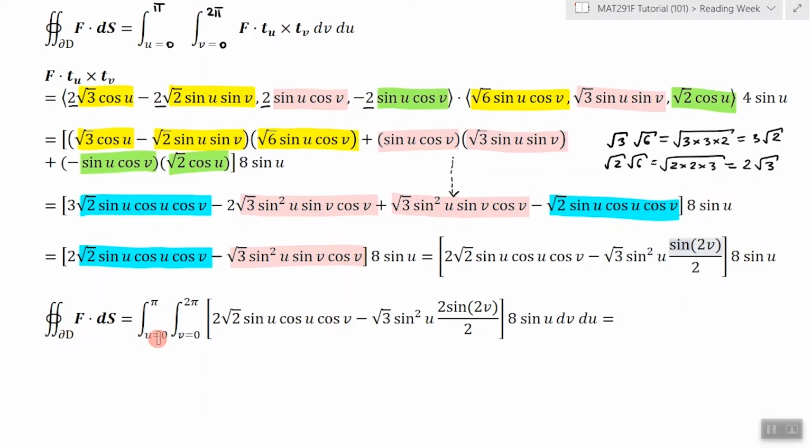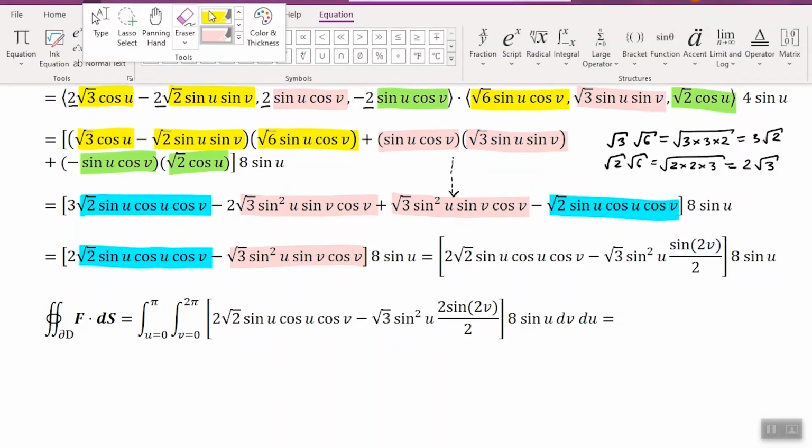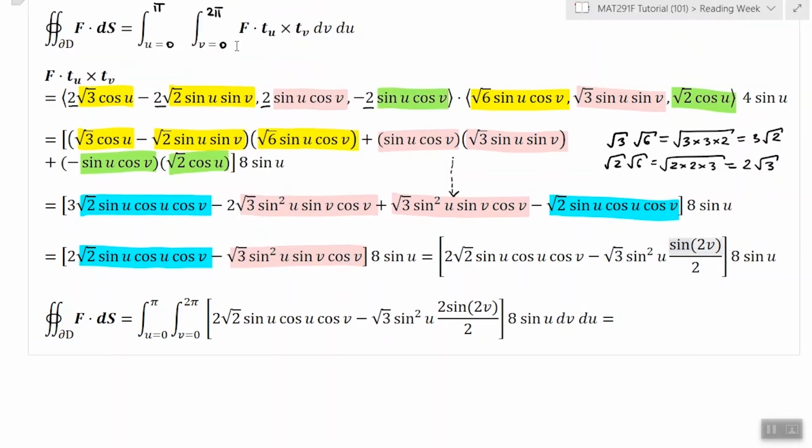Yeah, so let's integrate everything. Here I just plugged in the expression for F dotted with t_u cross t_v. This is now here. The only thing that depends on v in this integral, because remember, first integration is over v, is this cosine v and this unfortunate fraction that keeps getting all the mistakes.